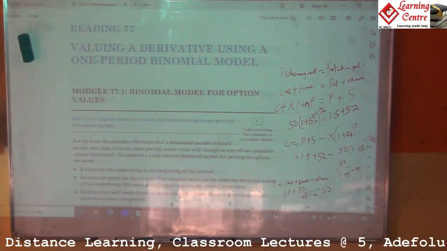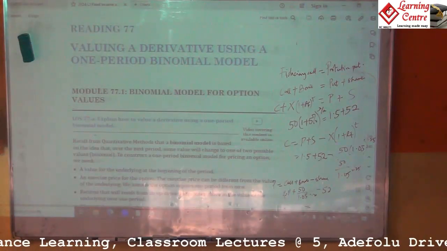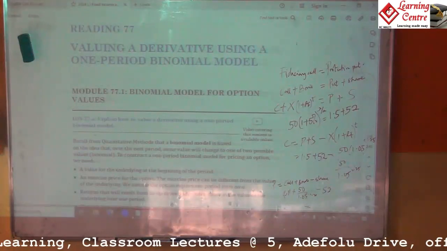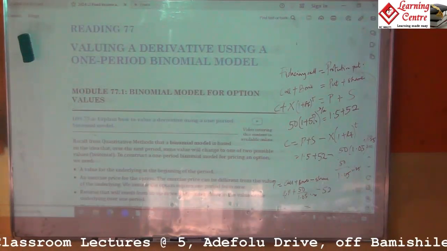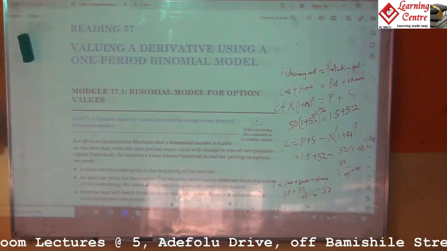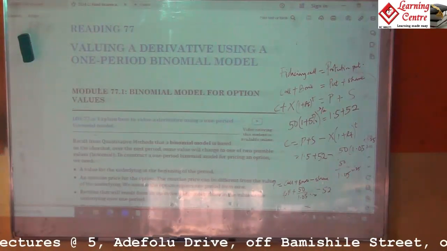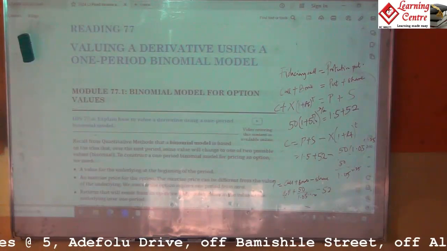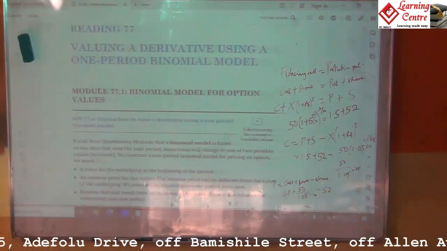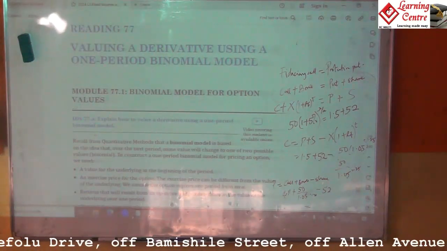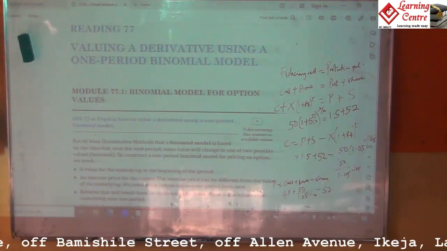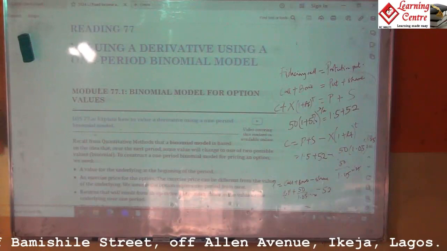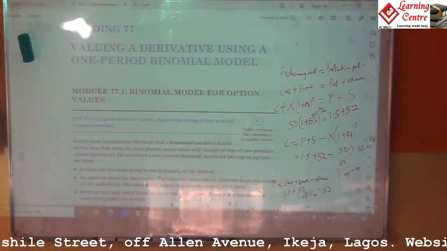So if you remember the concept of decision tree, for those that need some of those courses in school. So this is just looking at decision tree. You have, remember you said there are options, right? But now this option, we are valuing it using a concept. Don't worry about the big English. Binomial, don't worry about it. It's very easy to learn.